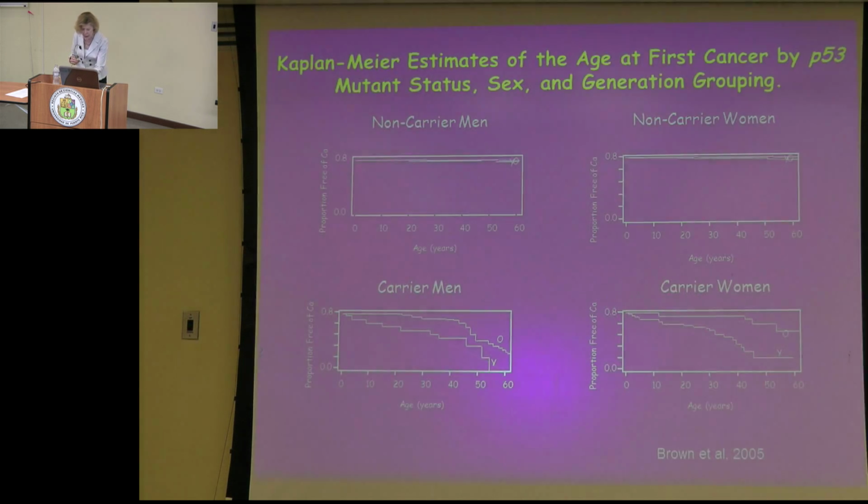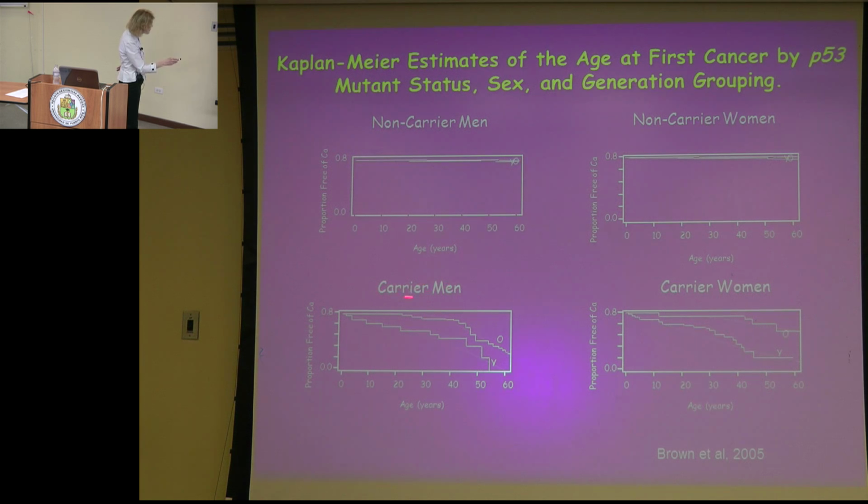So we looked at that, and we looked at it for males and females because, again, I showed you the difference in cancer incidence. And when we looked at non-carrier men, and you can barely tell, but there are two lines here. One is labeled O and the other is labeled Y for old and young. It's not a very scientific term, but that was how the generations for many different families were lumped together, older and younger. And there's basically no difference.